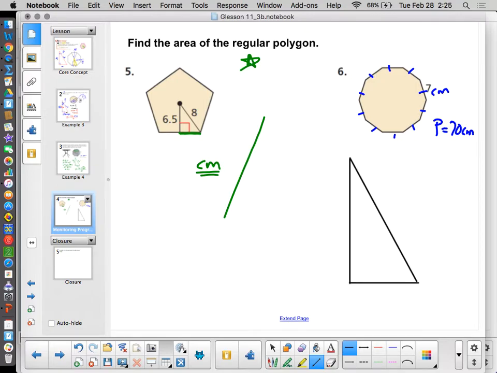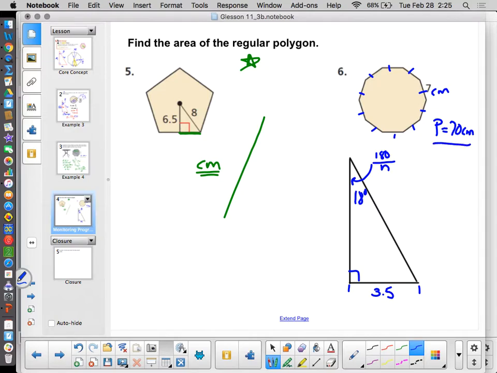Now the 7 represents a whole side. So since this on my triangle is half the side, that's going to be a 3.5. The angle here is going to be 180 divided by the number of sides, because it's half of a central angle. Since the number of sides is 10, that's going to be 18 degrees.